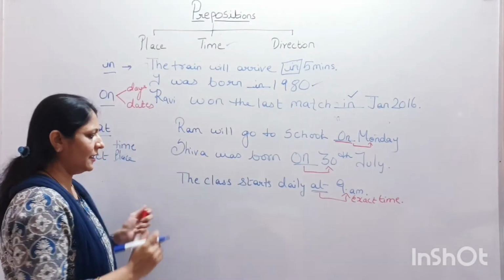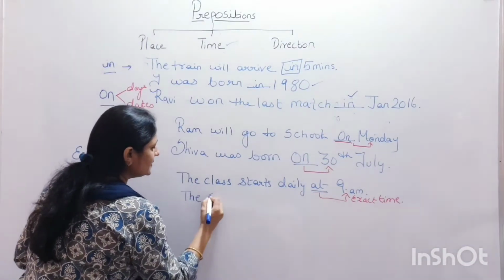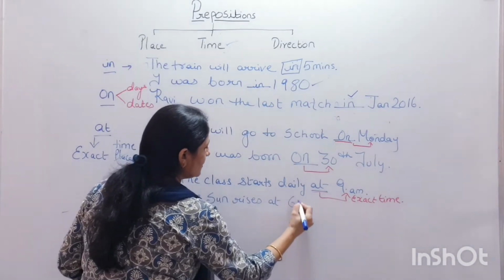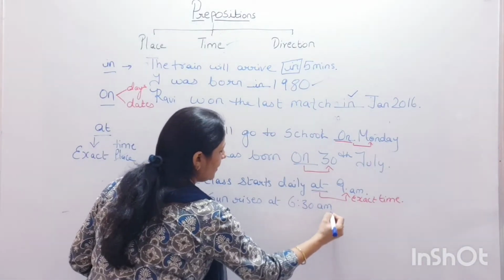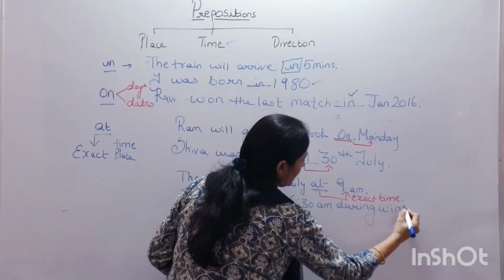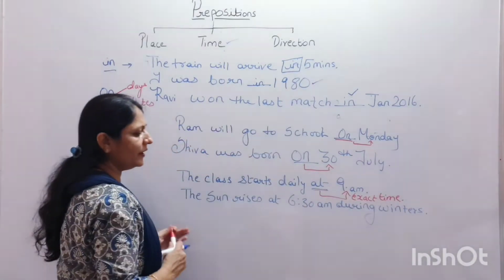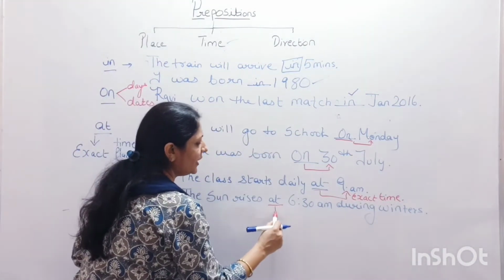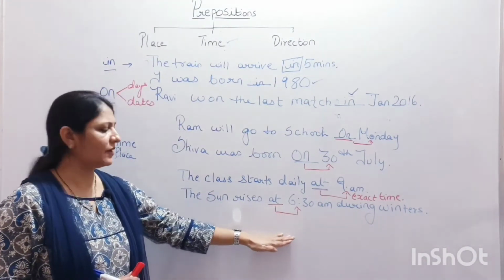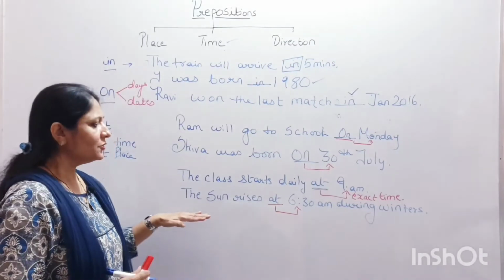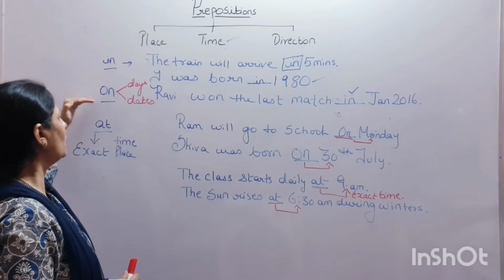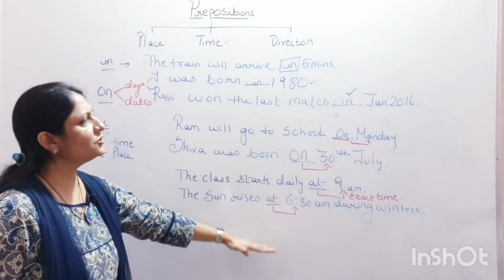I can also say, the sun rises at 6:30 a.m. during winters. Here again, I have used the preposition at to tell you about the exact time when the sun rises in the winter. So here I have expressed the three prepositions in, on and at with reference to time.